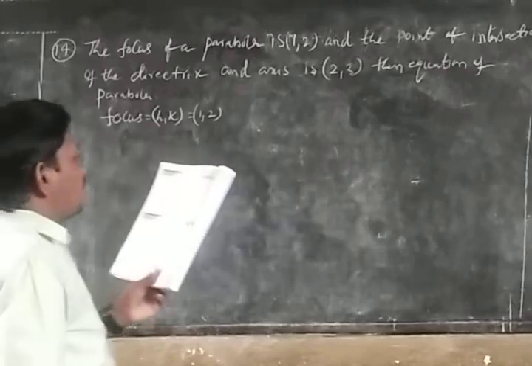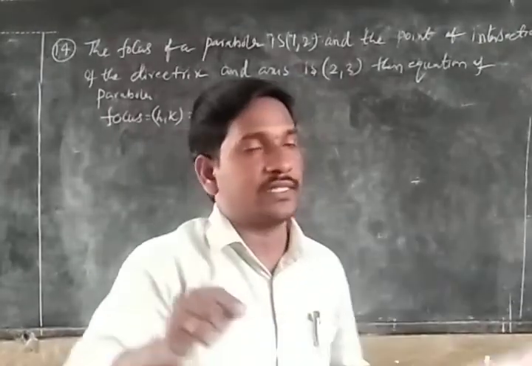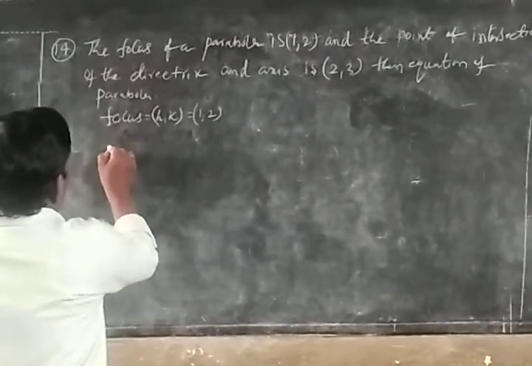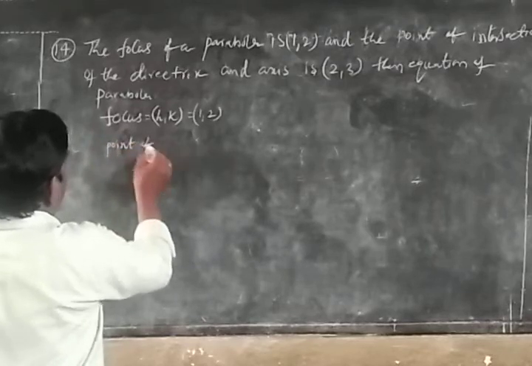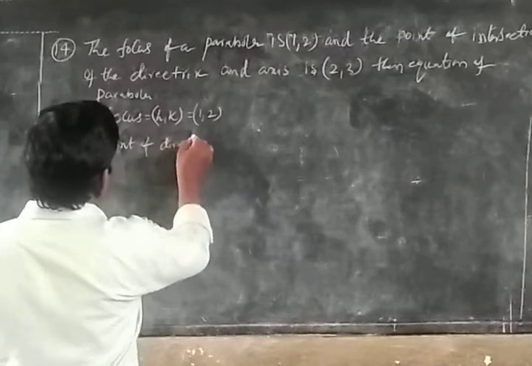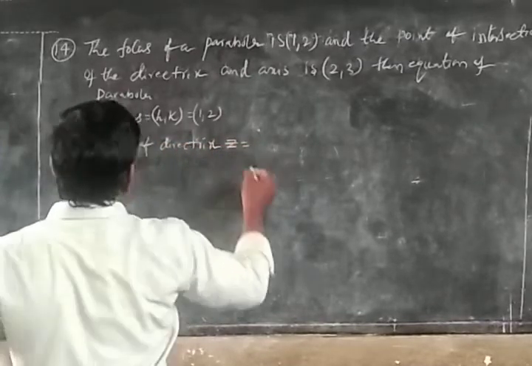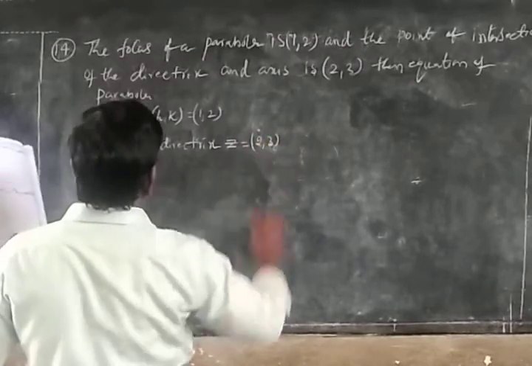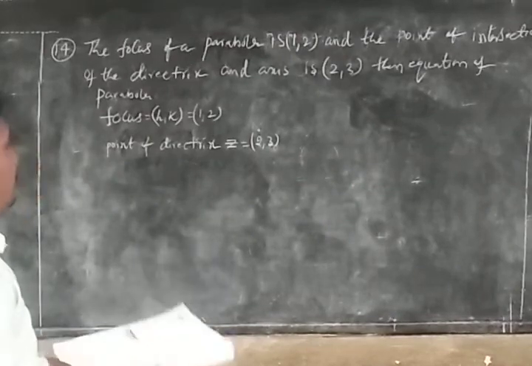The point of intersection of the directrix and the axis, that means Z, a point on the directrix, Z equal to (2, 3). Okay. Then the equation of the parabola.